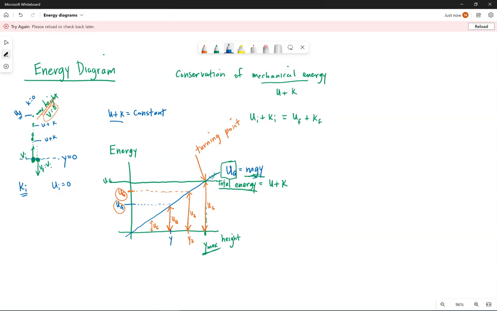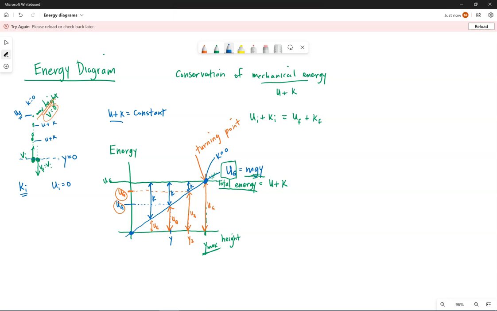A nice thing, too, is if we measure the rest of the way, from the potential energy line up to the total energy line, this represents the kinetic energy the ball has at those moments in time. So up here at the turning point, we're saying kinetic energy is 0.